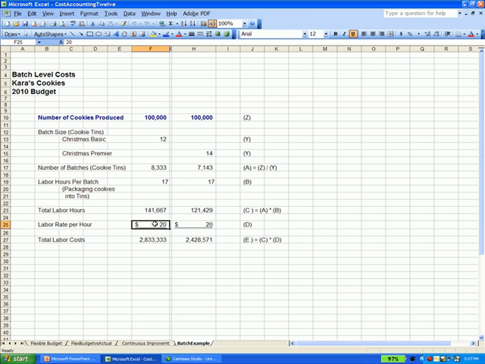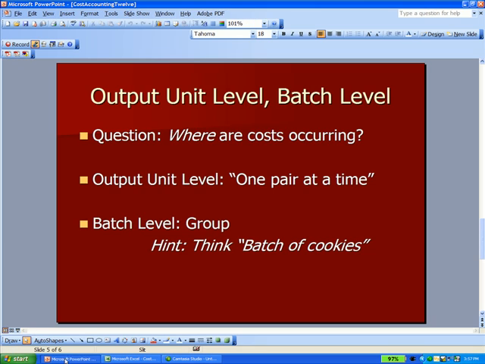We're paying a $20 hourly rate in both cases, so that our total labor costs are about $2.8 million for the basic Christmas tins and $2.4 million for the premier tins, and that is just the cost to process those batches. So that takes us back to output level versus batch level.